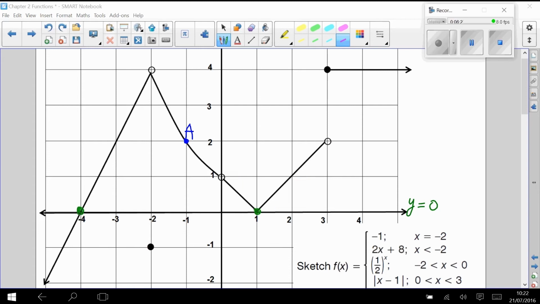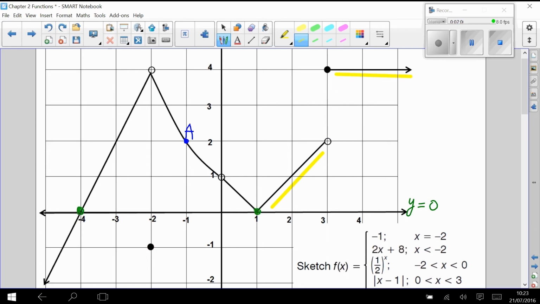And lastly, when I take a look at f of 3, the answer is going to be 4 for the y value. But do I have a limit when x is going to be 3? If I do the same as I've done before, and I move along my curve towards the value when x is 3 from the left, and then I move towards the value when x is 3 from the right, am I arriving at the same height?